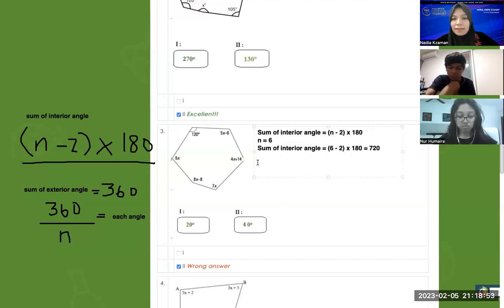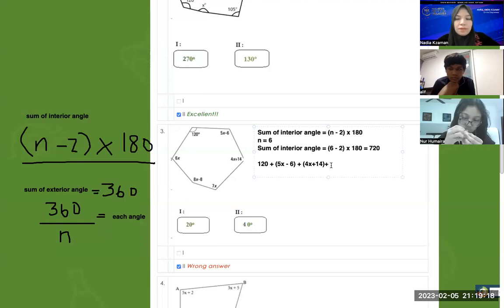After finding this angle, what you need to do is 120 plus 5x minus 6 plus 4x plus 14. Let me put the bracket at each so you won't get confused.